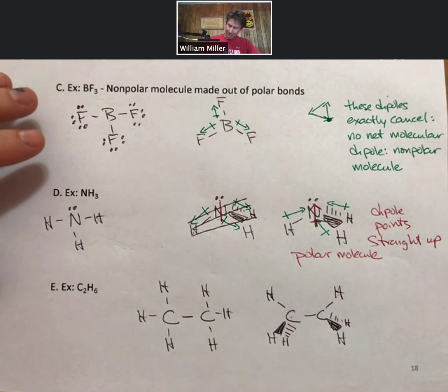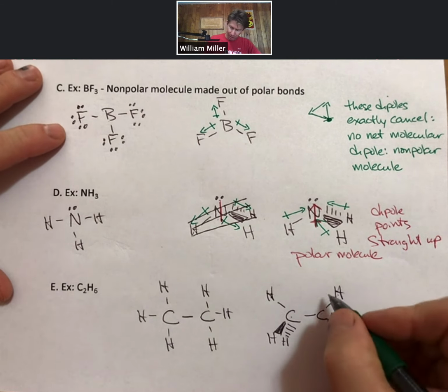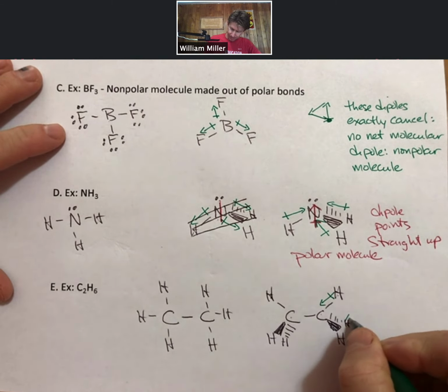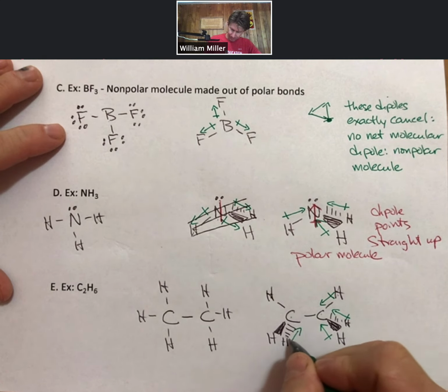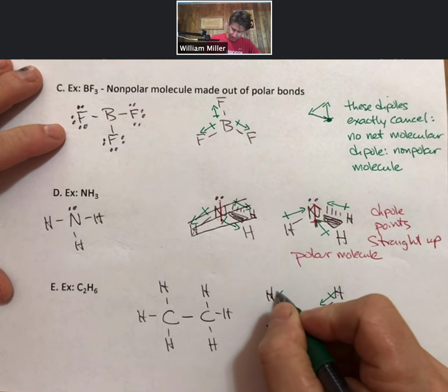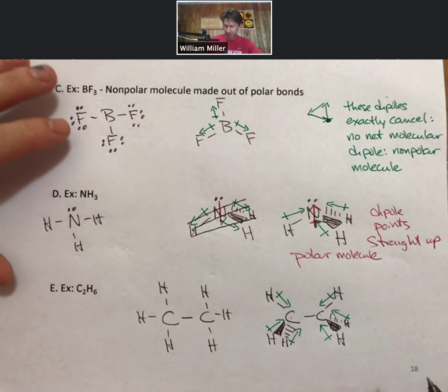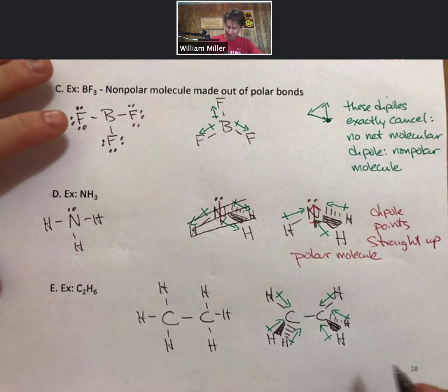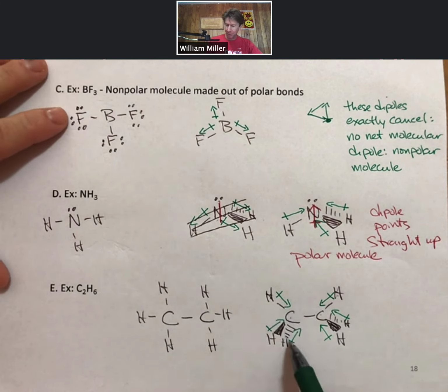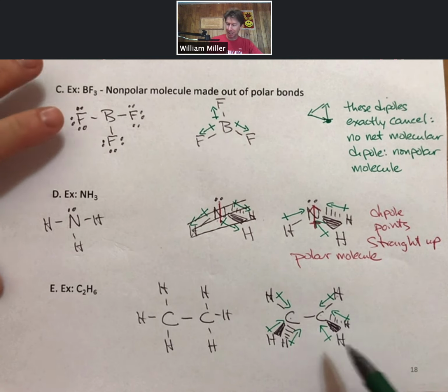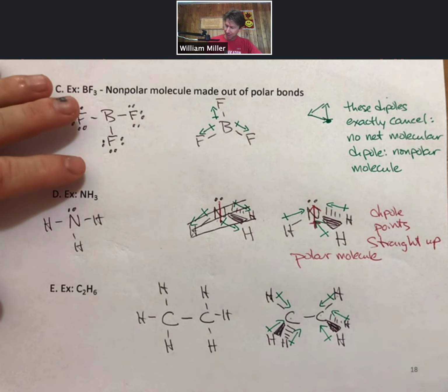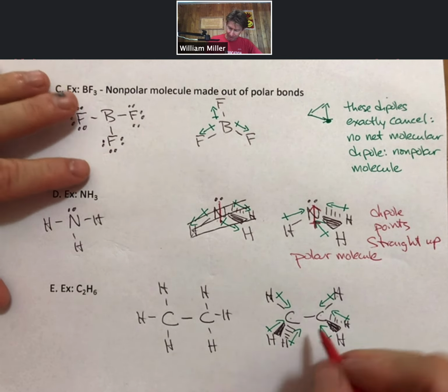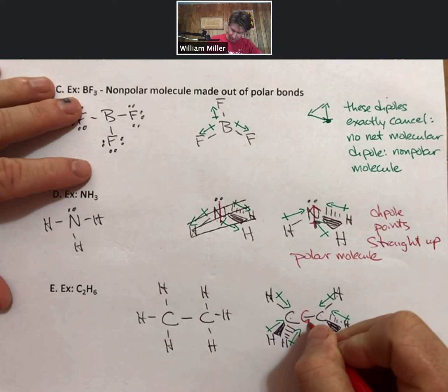And if we were to draw dipoles on this, let's see, carbon is more electronegative. And what is very hard to see from this picture is that all three of these dipoles and all three of these dipoles cancel out. So they're all pointed in opposite directions to each other, which, by the way, this is a single bond, so the bond is rotating.